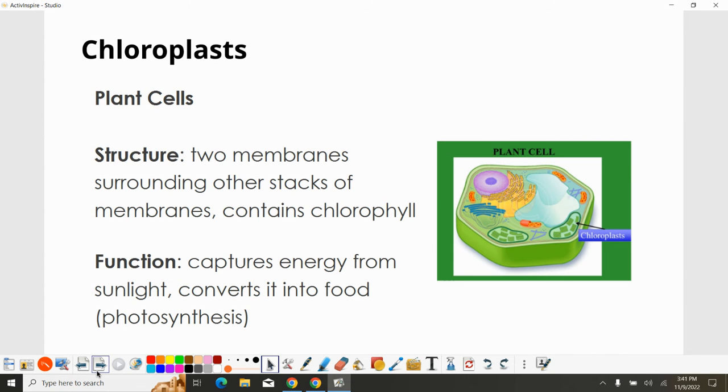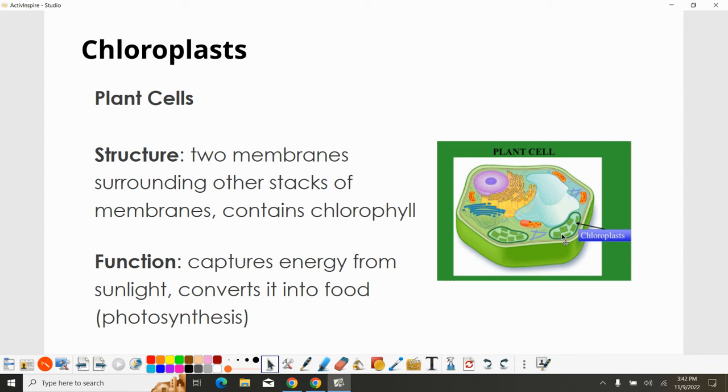Next up, chloroplasts, the second of our plant cell-only organelles. Their structure is two membranes surrounded by stacks of membranes. So if you look at it, we have these two membranes that wrap around it. And inside it, we see stacks of other smaller membranes, like stacks of coins inside a purse.